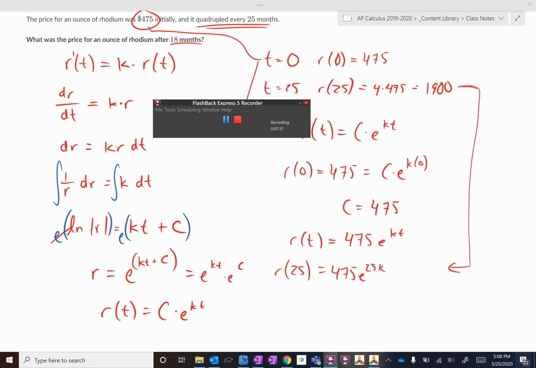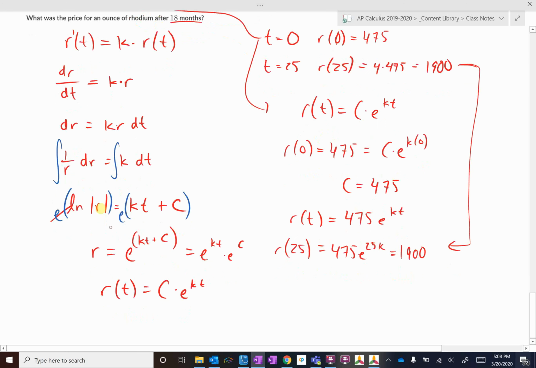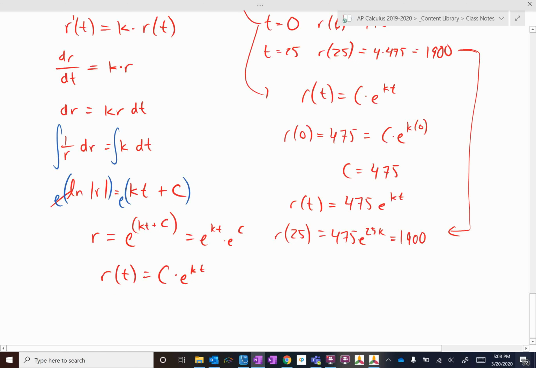So we know that 475 e to the 25k is equal to this quadrupled value of 1900. And then we can use inverse operations to solve for k. So we would divide by 475.